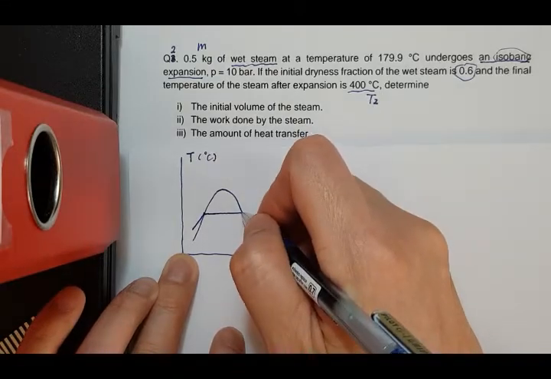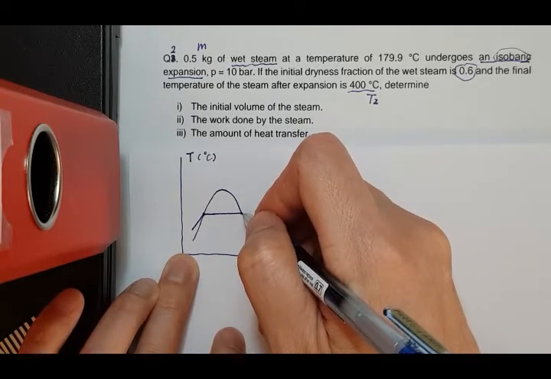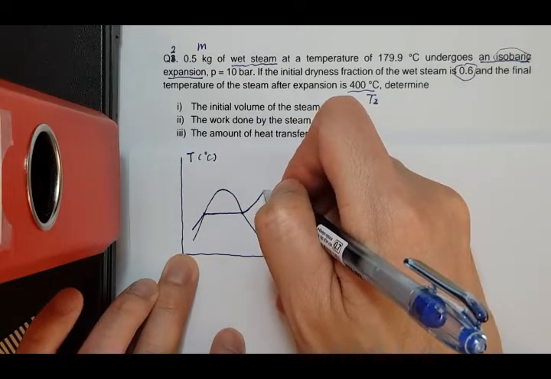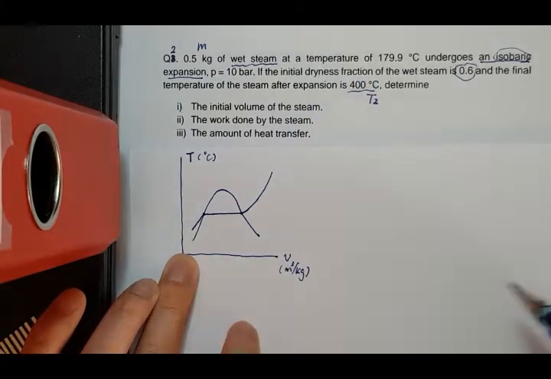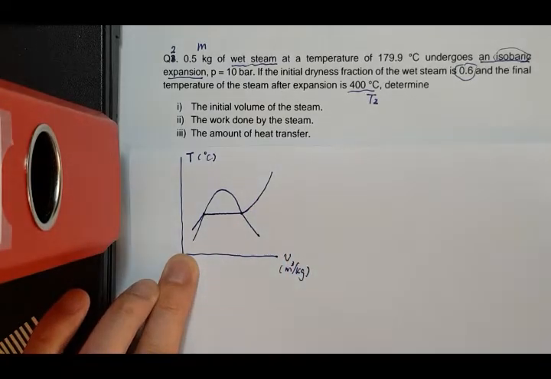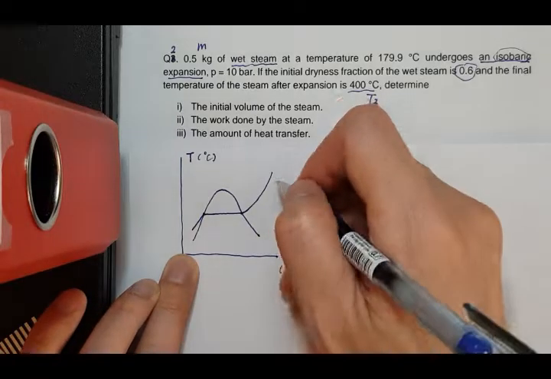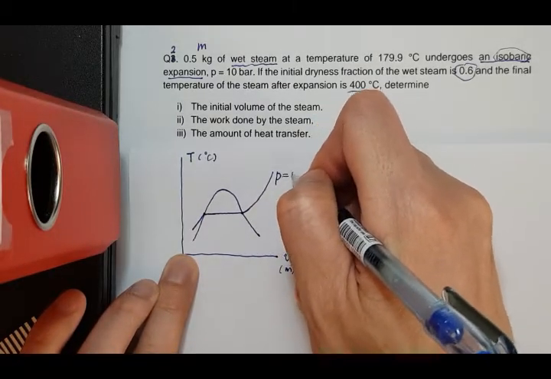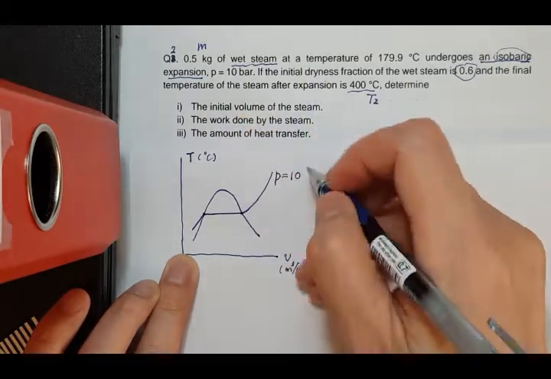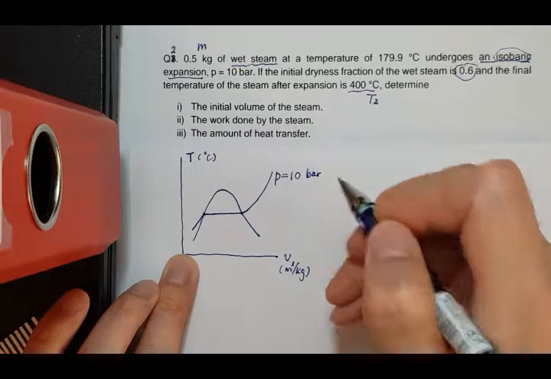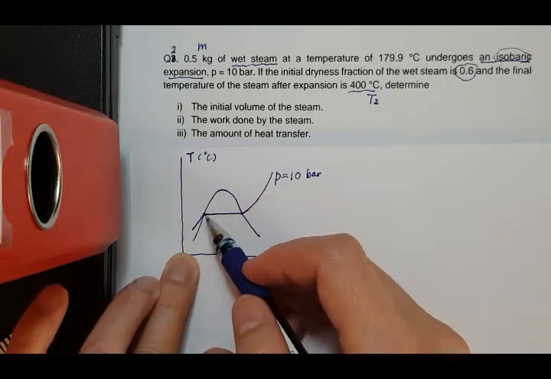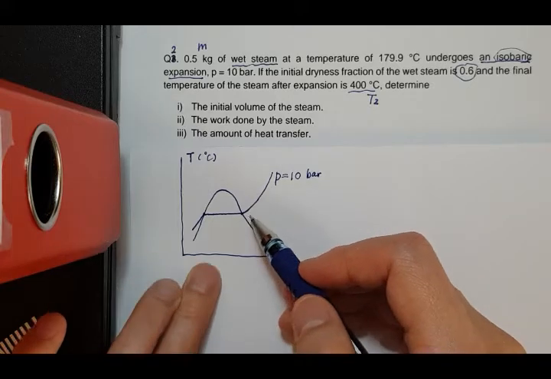Once we reach the saturated vapor line, the curve goes up again. We call this curve a constant pressure line. In this particular case the pressure is equal to 10 bar absolute. This is the isobaric expansion process.